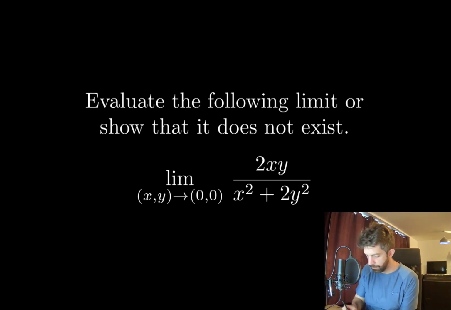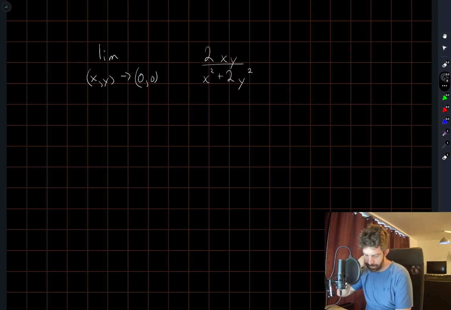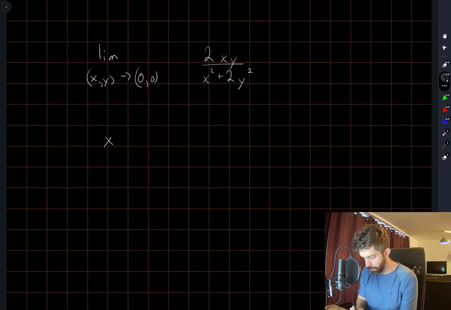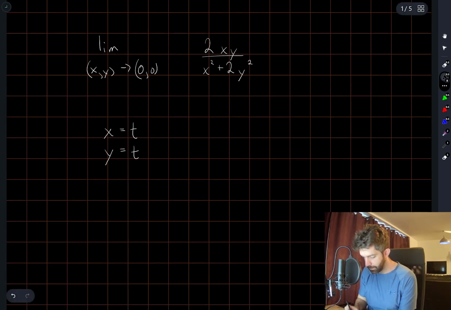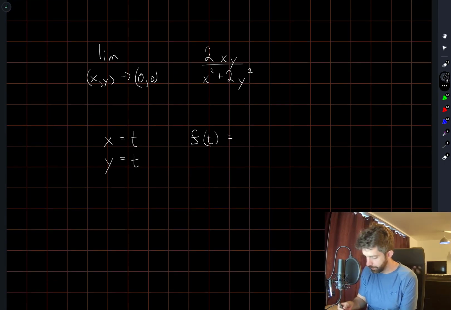Okay, well, let me write the limit we're trying to compute down first. And so what I'll do is I'll start with one curve, which I'll write down in parametric form. So x and y both equal t. I'll define the function f of t. Let's call this thing here g of x and y.